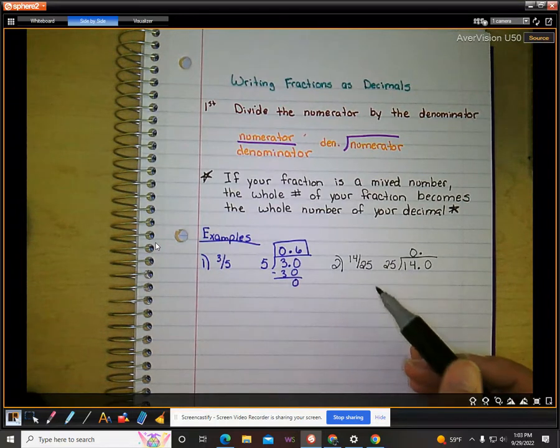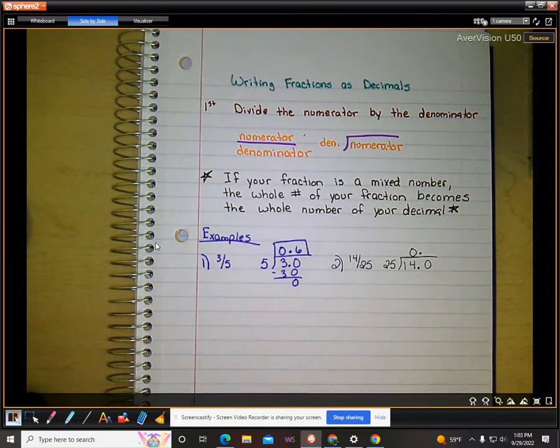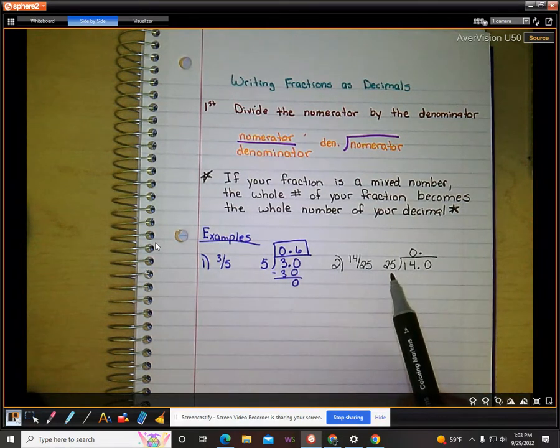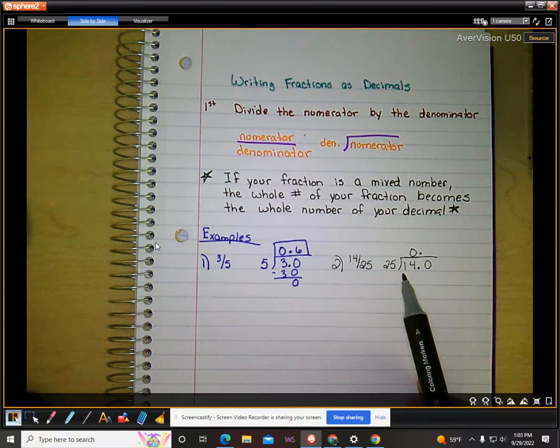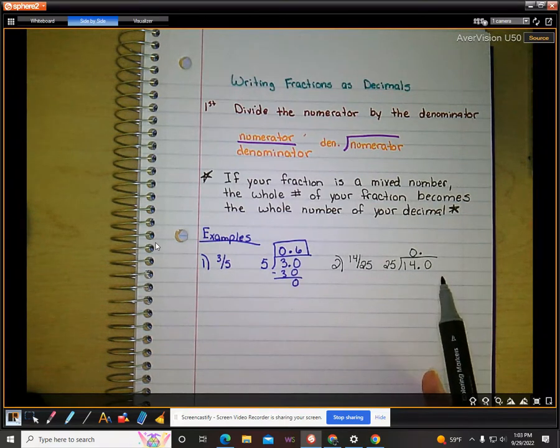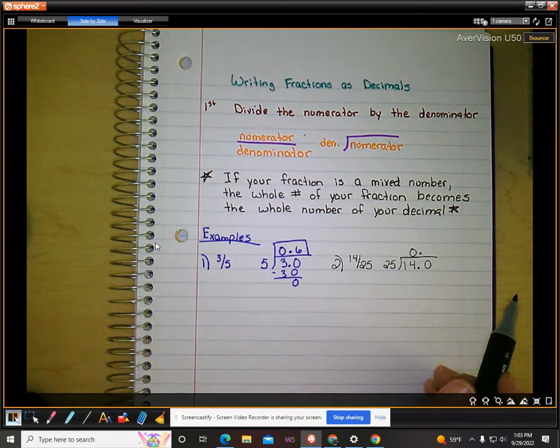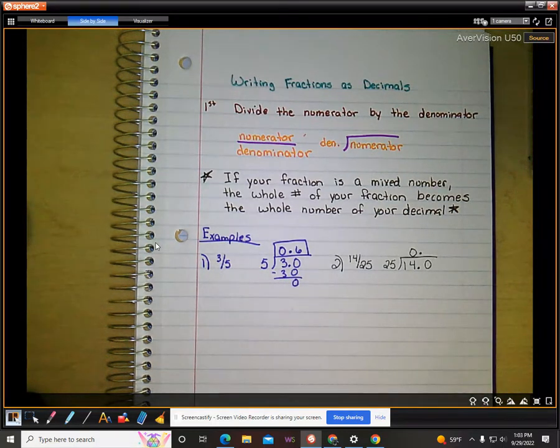Anytime I see 25, I always think of quarters because I can usually add quarters pretty quickly if I think of them as money. So if I have 25 cents, how many quarters would go into 140 or $1.40 without going over? Anicia, let's try that.